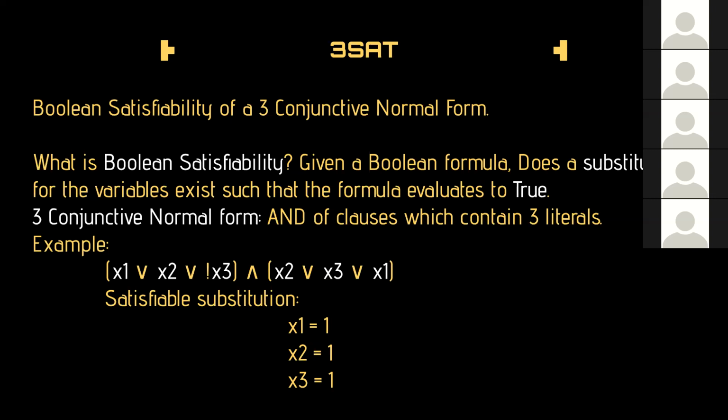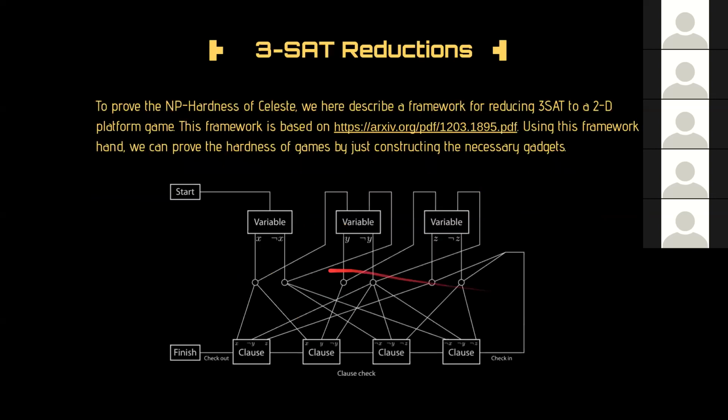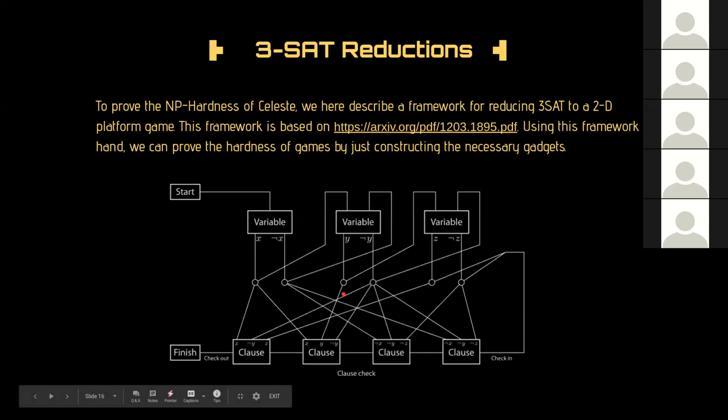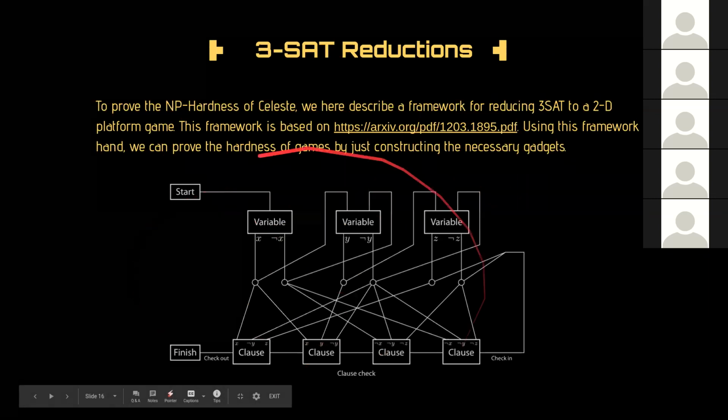But we will use the result that 3-SAT is NP complete to prove that Celeste, again the problem of finding from start to end whether there exists a solution, is NP complete. To do that, we will build a framework. First we'll show how to reduce this framework to 3-SAT.